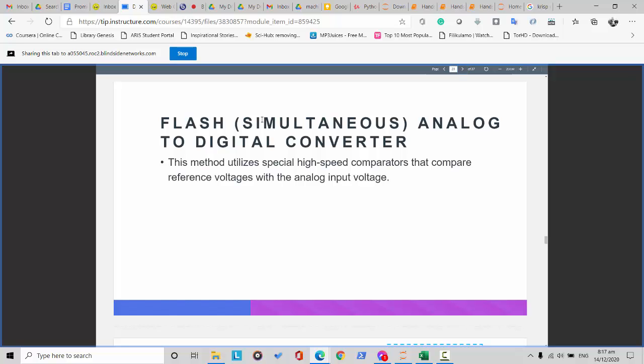It compares the reference voltage with the analog input voltage. So we are actually comparing the two voltages using the comparator amplifier. This is how the flash analog to digital converter, or the simultaneous ADC, functions.